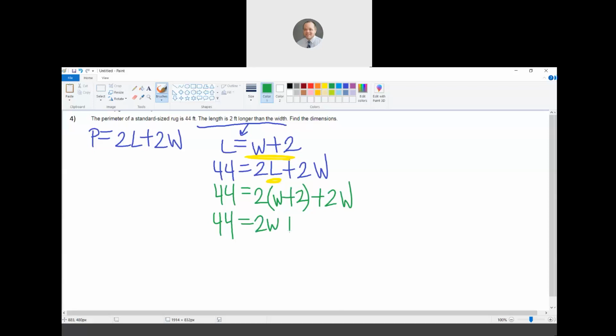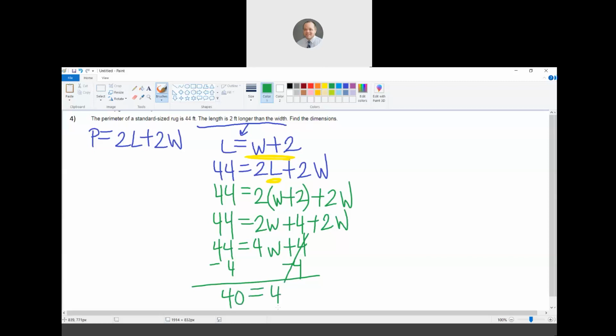So we have 2W plus 4 plus 2W. Combine the W's to get 4W. And subtract 4 from both sides to isolate 4W. Leaving us with 40 equal to 4W.